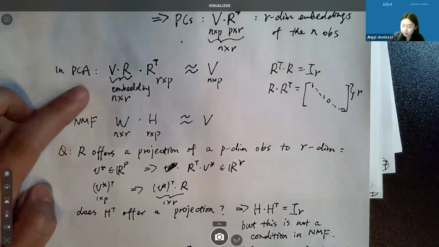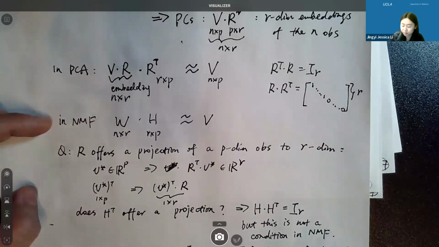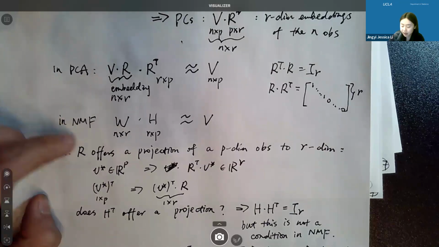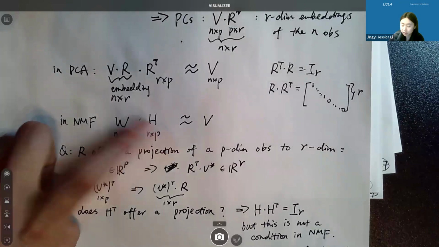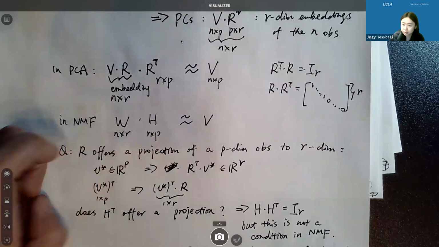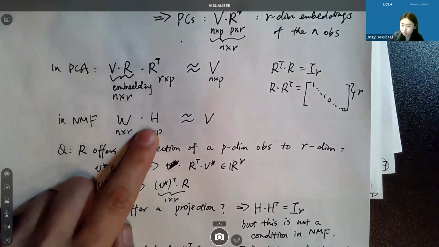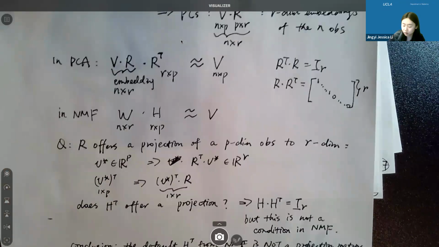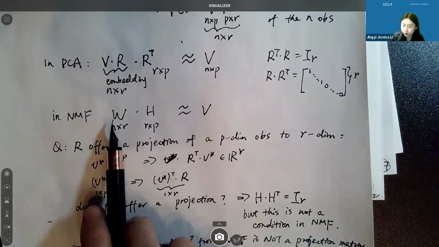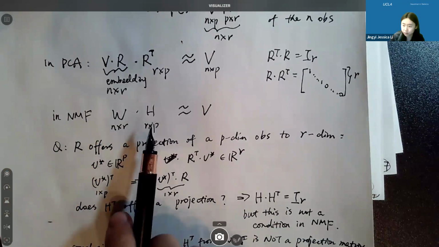So we are using the PCA as a motivation for modifying the NMF. But in the NMF, all the elements are non-negative. So this has nothing to do with adding a constraint on H or not. In the original NMF, we require all the elements of W and H to be non-negative.